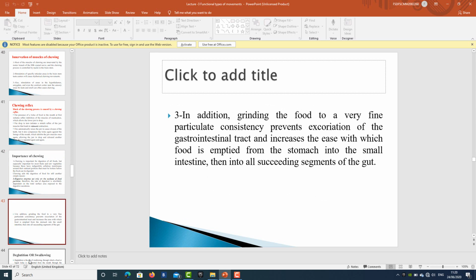In addition, grinding the food to a very fine particulate consistency prevents excoriation of the gastrointestinal tract and increases the ease with which food is emptied from the stomach into the small intestine and then into all succeeding segments of the gut.